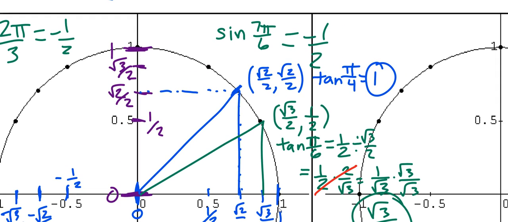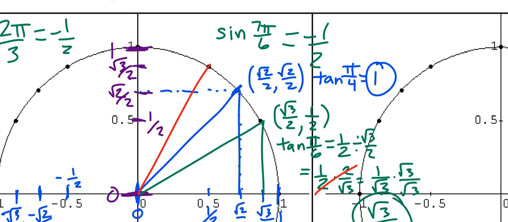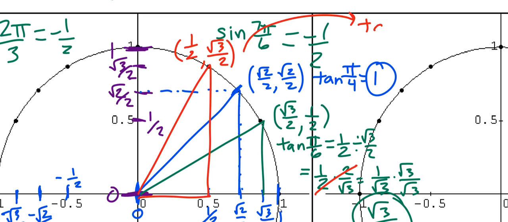Probably better figure out the red one. What's that coordinate? 1/2. Yep, the x value is 1/2. That's true. And radical 3 over 2. And let's see here. Let's do a little tangent of pi over 3.